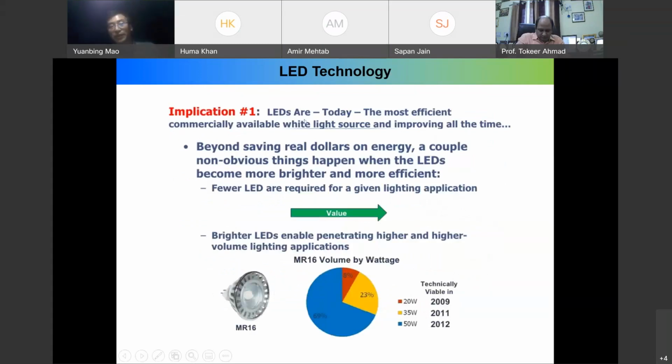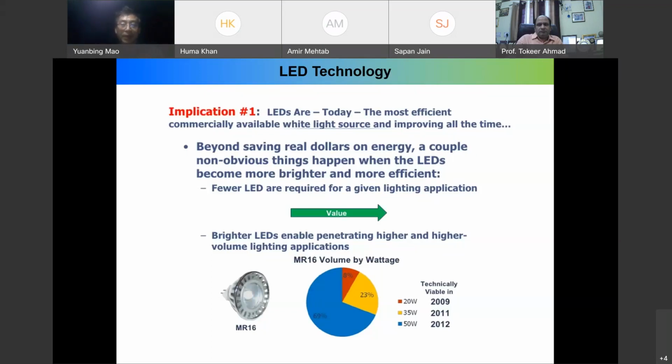Of course, LEDs nowadays are the most efficient commercially available white light source, and improving all the time. This is also very important. We are still improving, which is why I still spend some effort on developing phosphors, even though LED technology has improved a lot in the past 20, 30 years.